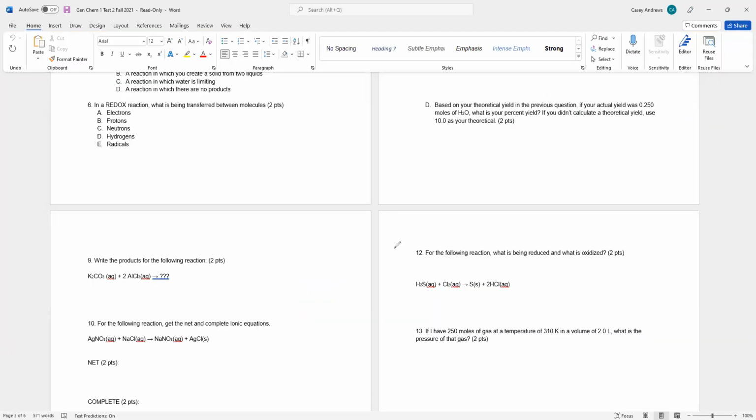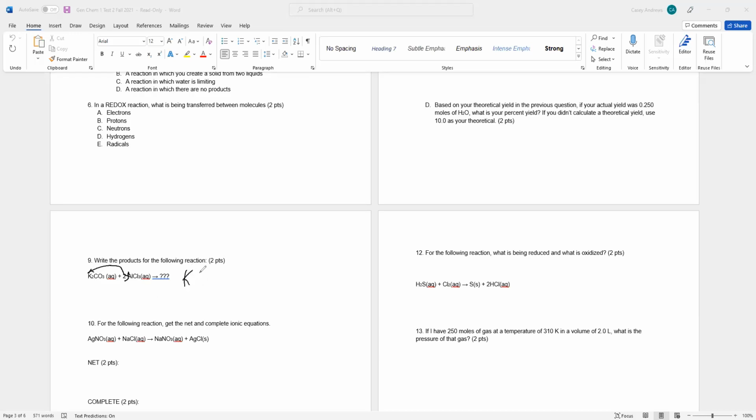What are the products for the following reaction? All right. So this is another solubility question. So what you do is you switch the metals. You ask, do you make something that's soluble? So we have potassium and aluminum.